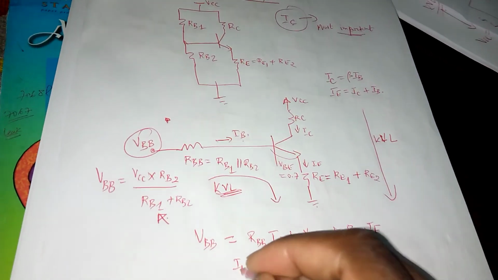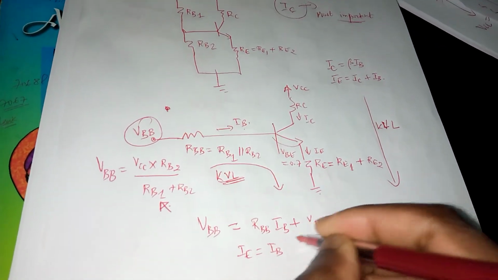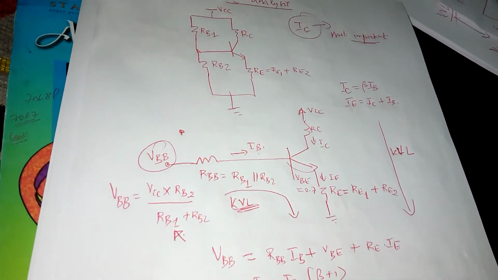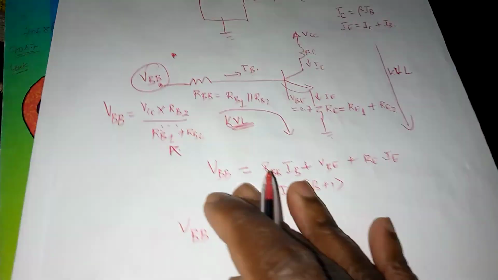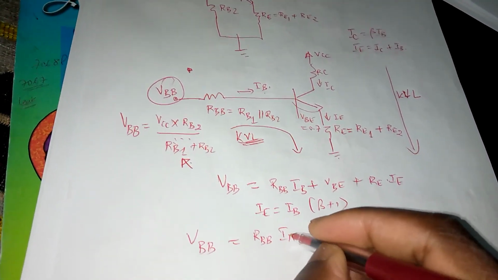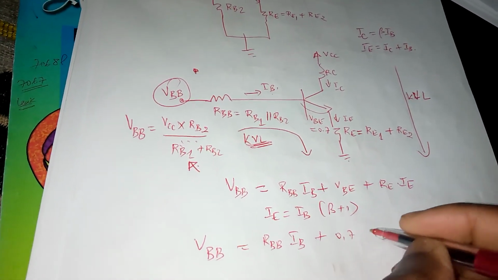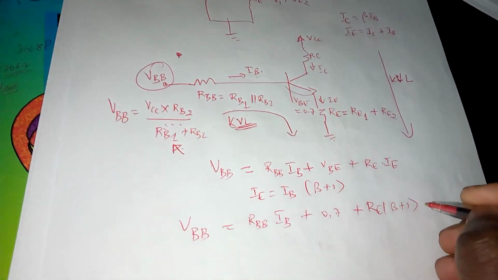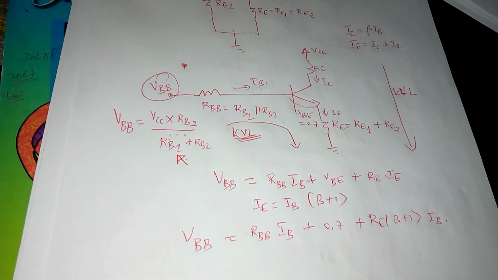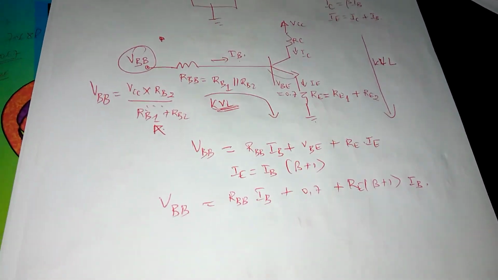Knowing that IE is IB times beta plus 1, that leads to VBB, which we will have computed by voltage divider, reminder, being equal to RBB IB plus 0.7 plus RE times beta plus 1, beta being known or given or derived, but given most of the times.